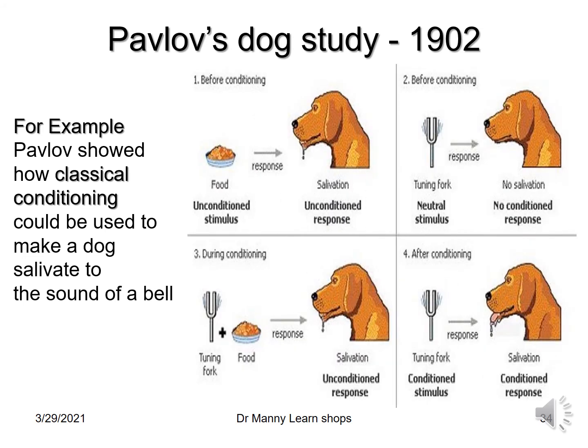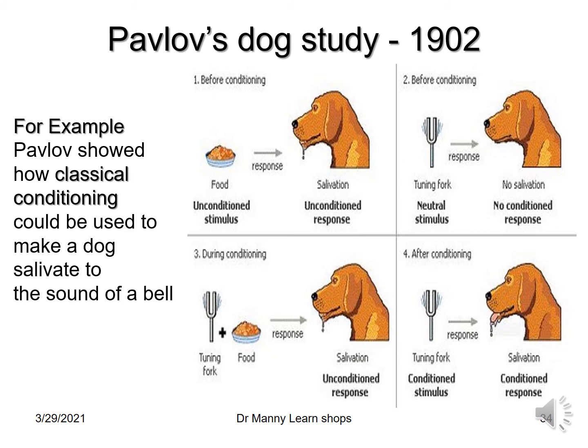Before the conditioning, the unconditioned stimulus, the food, the dog was shown the food, they were hungry, they started to salivate. This was before the conditioning. Then, still before the conditioning, Pavlov got a tuning fork and made a noise.